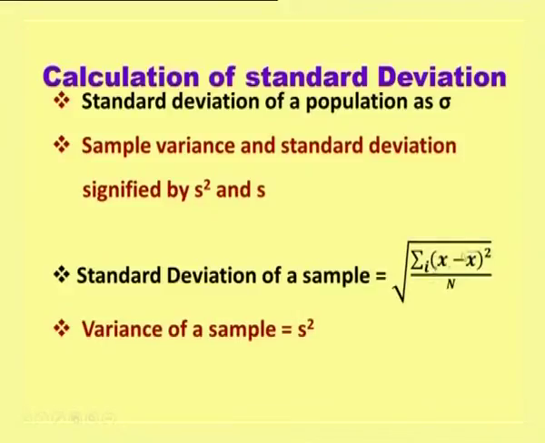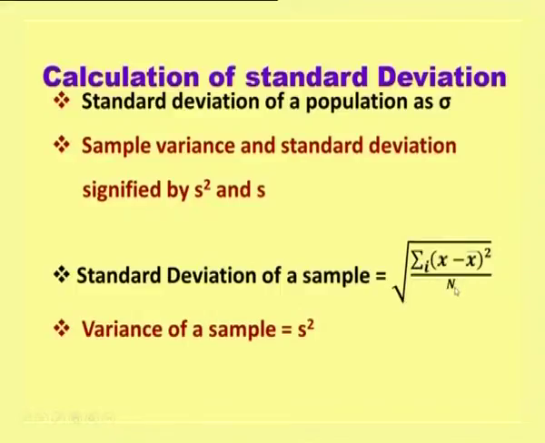Therefore, x minus x bar gives the deviation, and that is squared, because the deviation may be positive as well as negative, and therefore that deviation is squared and summed up.